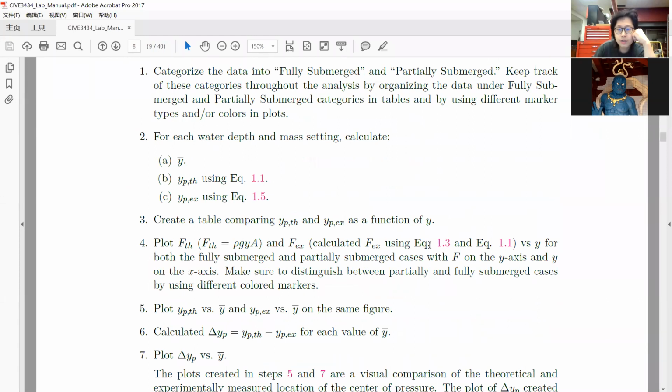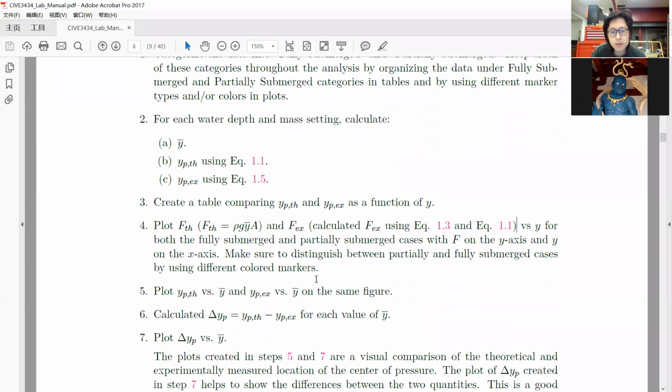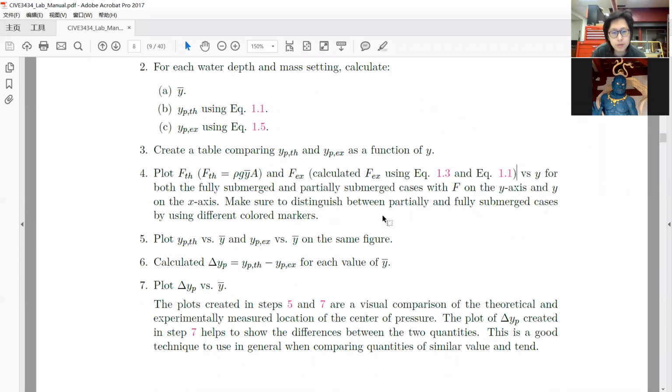Calculate the F experimental using equation 1.3 and 1.1. The equation is given. So we need to calculate the force theoretical and experimental, and the plot, just like what I showed before.